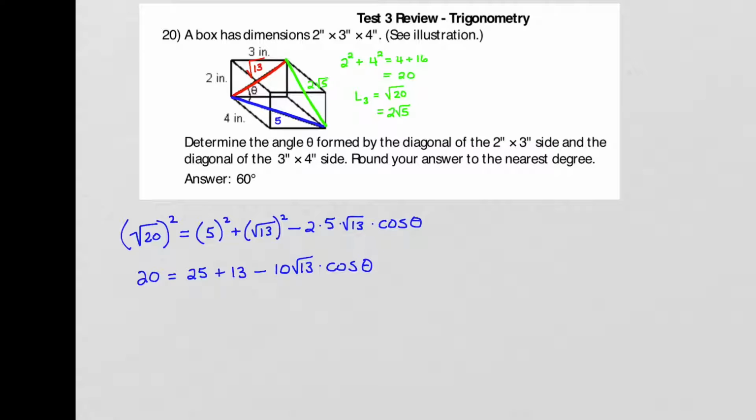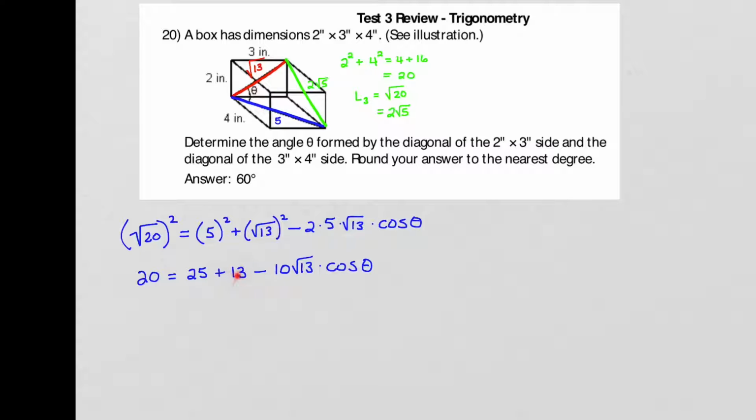Now here's where students often make a mistake, and everybody wants to do this, and you just have to be really careful not to do it. The 25 and the 13, those can combine together. Those are like terms. This is not a like term. You can't just do all of this together and then say that's the coefficient of cosine theta. This is not multiplied by cosine theta.